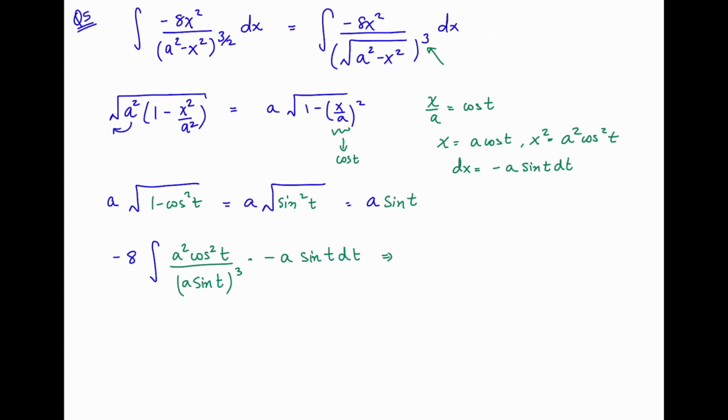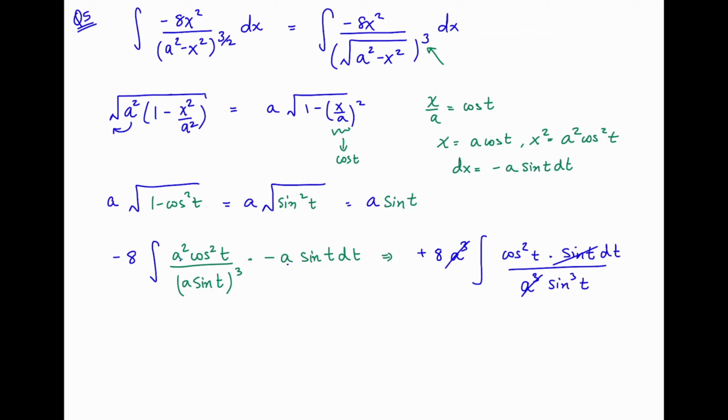Setting some of the things apart, this is an a squared, that's an a, that's a negative, so it will be now positive 8 outside with an a cube, a cube sine cube t. That's what's going to be the bottom. You see this a cube and that a cube cancels out.